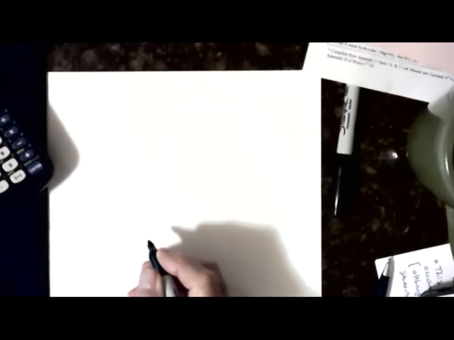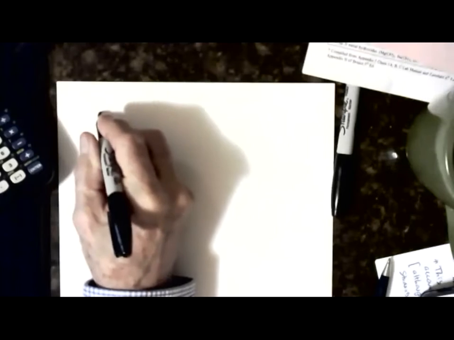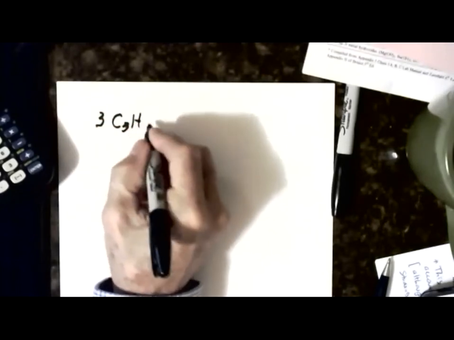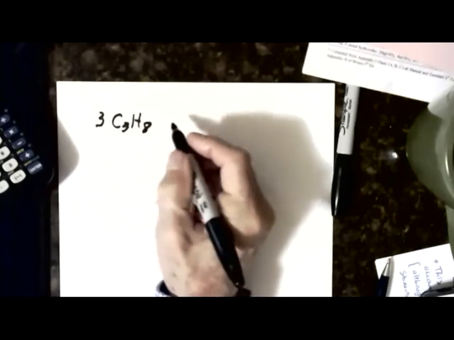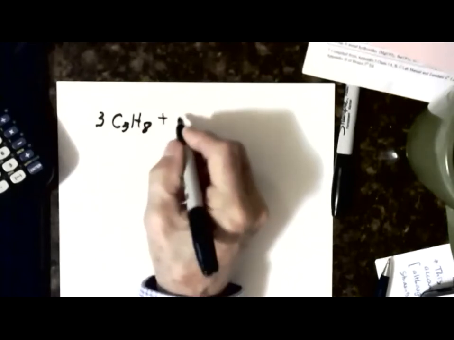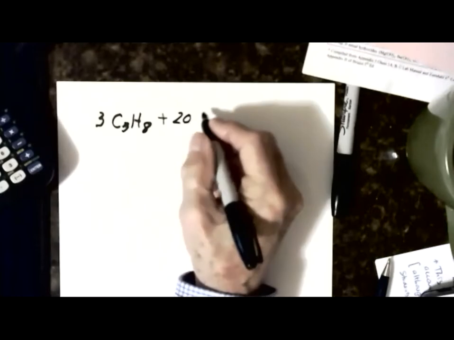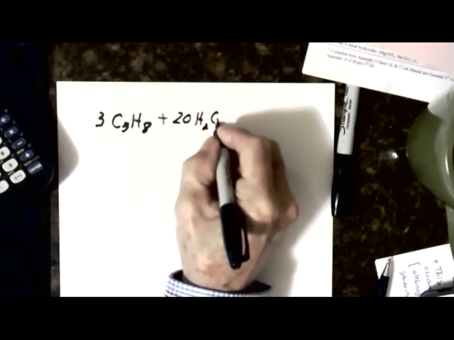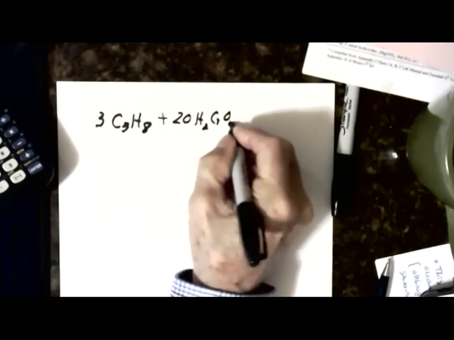Pull that up so that you can see my screen. And my reaction now, it's saying I'm going to react propane and the chromic acid. The propane is 3C3H8. And I'm reacting that with 20 H2CrO4.